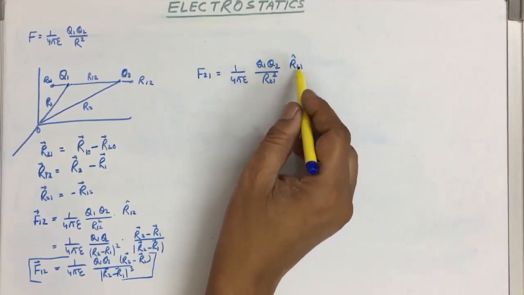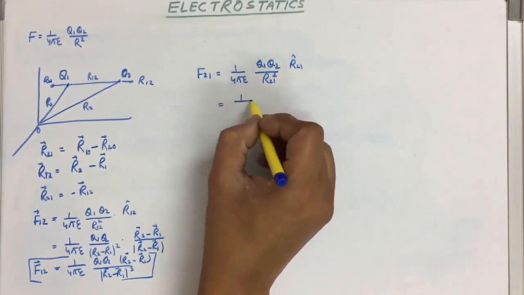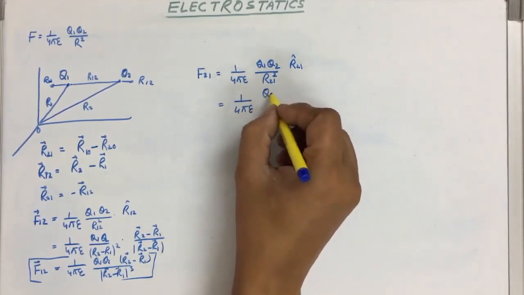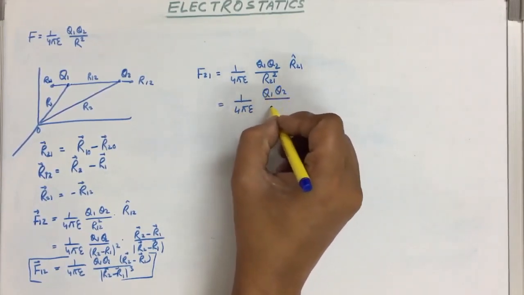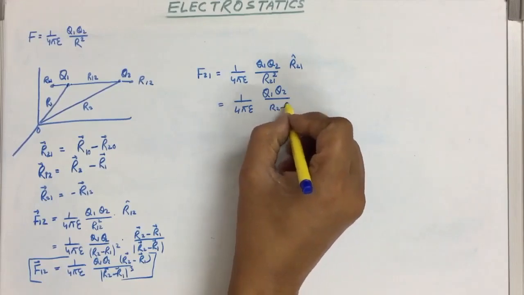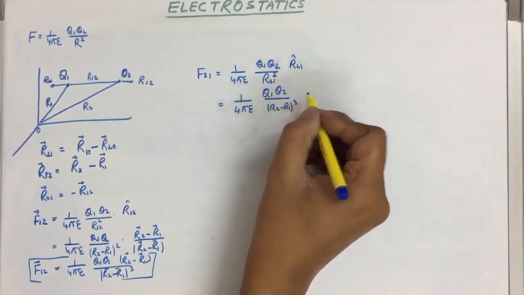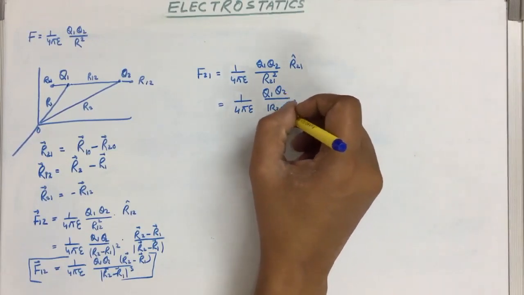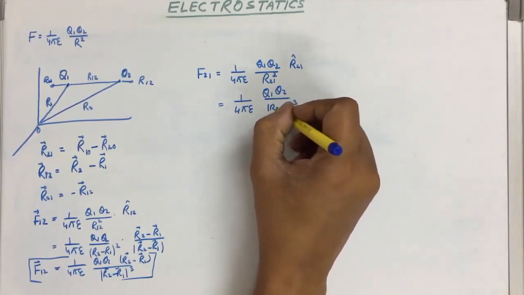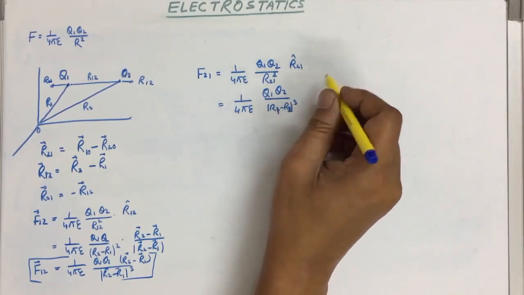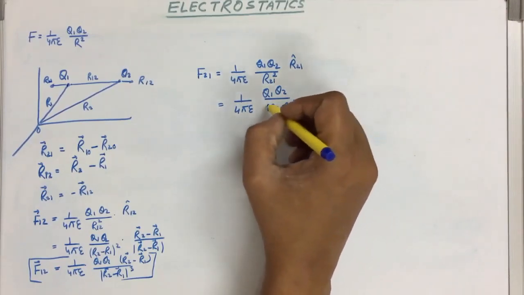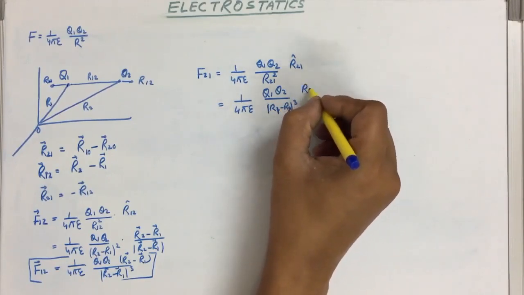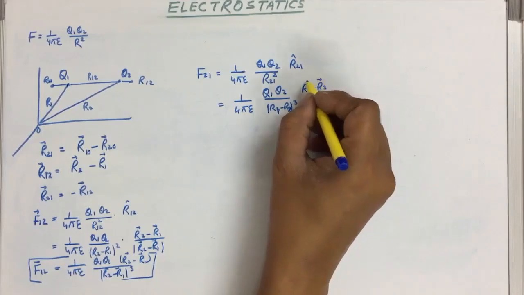Now if we simplify this, we get q1 q2 by |r2 minus r1| cube, or |r1 minus r2| cube. By the way, both will be the same because we are taking the absolute value, multiplied by (r1 minus r2).